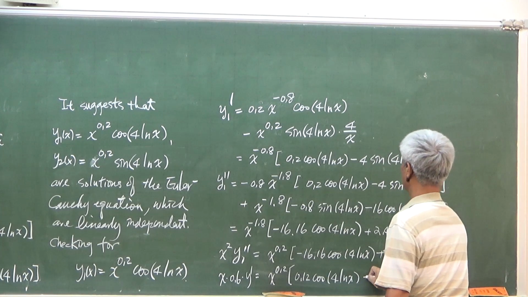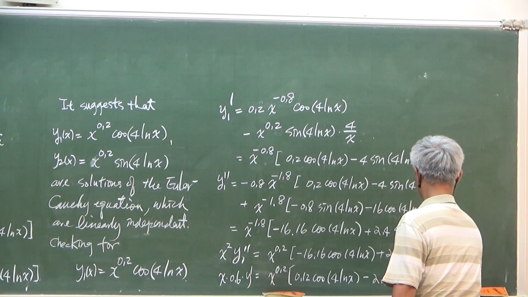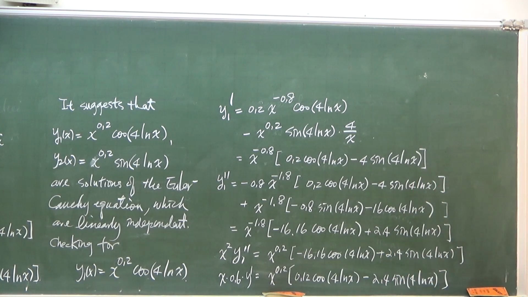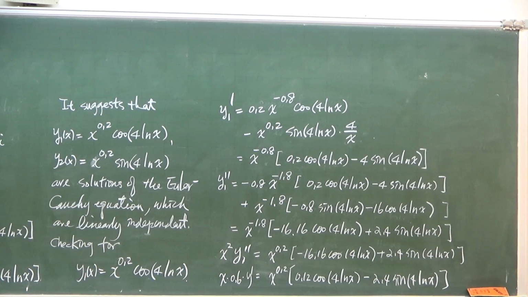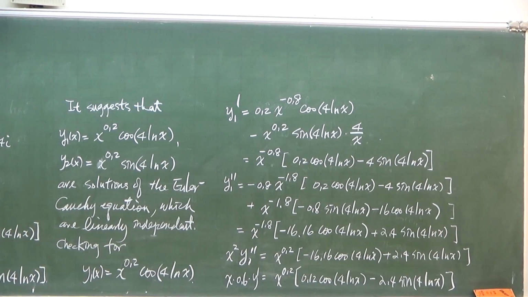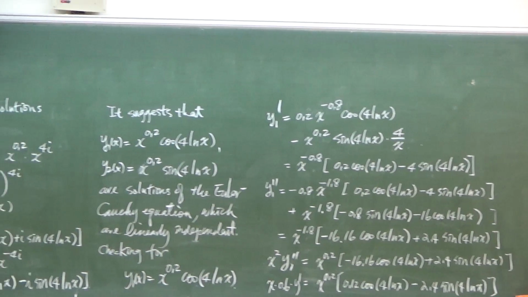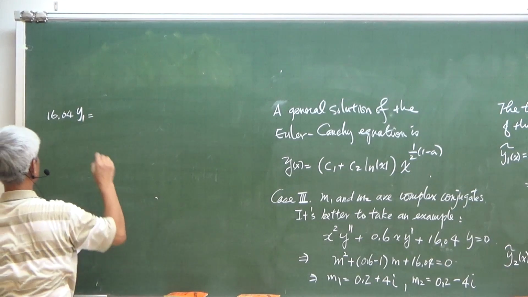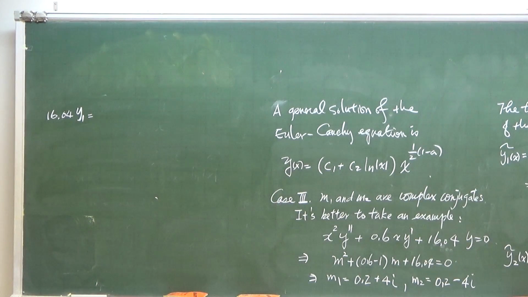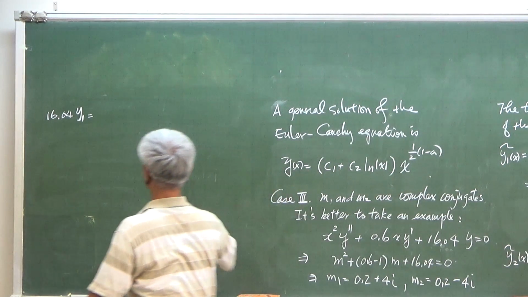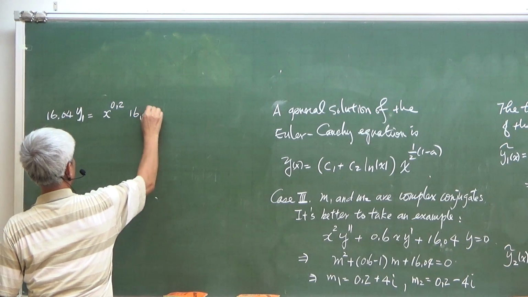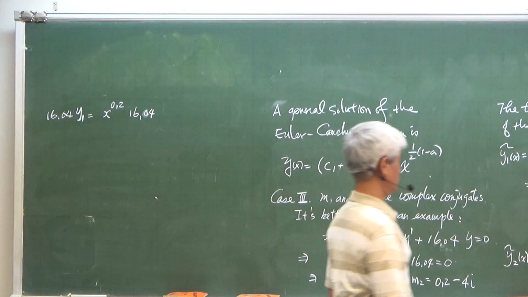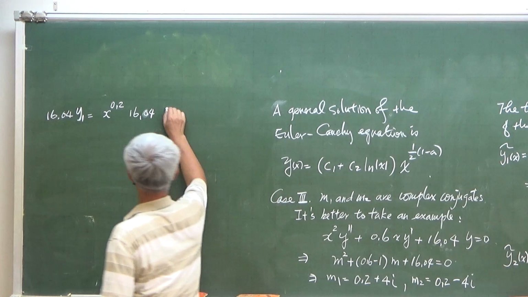And here we have sine 4, and the final term is 16.04 times y1. And y1 is equal to x to the 0.2 cosine of 4 ln x.